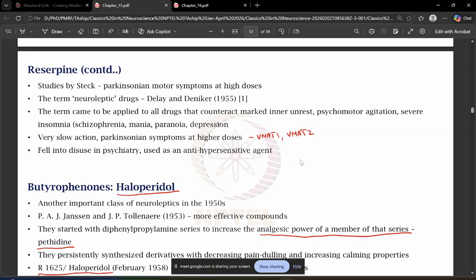So the vesicular monoamine transporters, VMAT1 and VMAT2, are basically transporter proteins that are responsible for the transport of dopamine and other monoamines in the neuronal synapses.